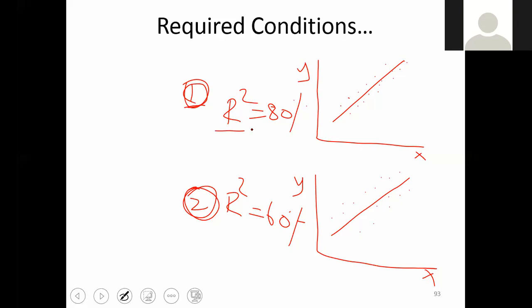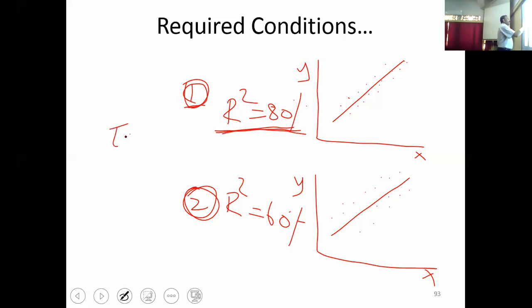Yes, the first one, right? Why? Because here, out of the total variability, almost 80% of the variability can be explained by X. So what remains is only 20% variability.